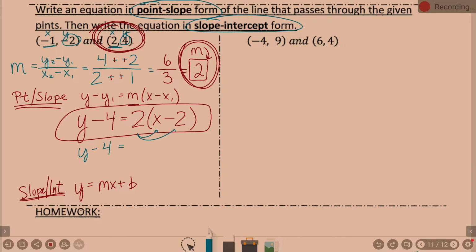So we've got y minus 4. 2 times x is 2x, minus 2 times 2, 4. How do I get y by itself? If it's y minus 4, how do I move a minus 4? We add 4. If I add 4 on the left, we add 4 on the right.